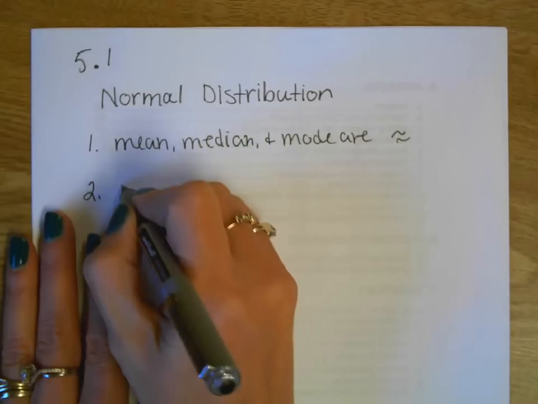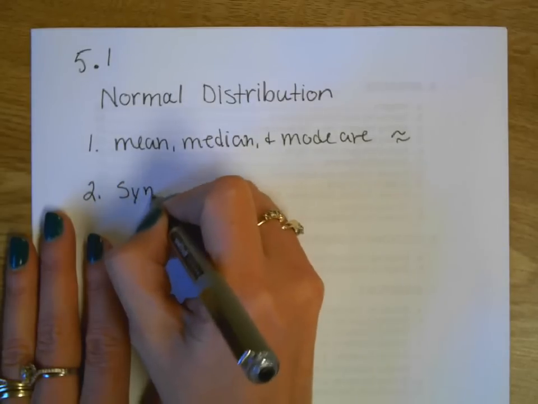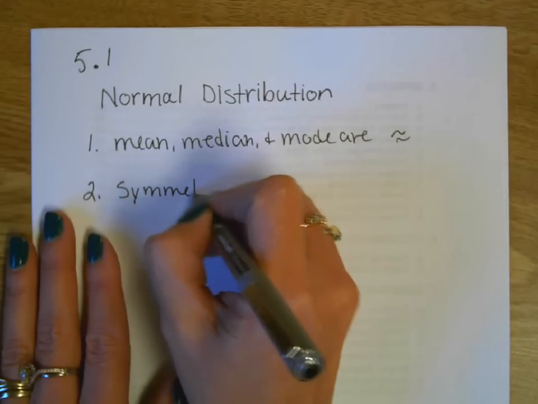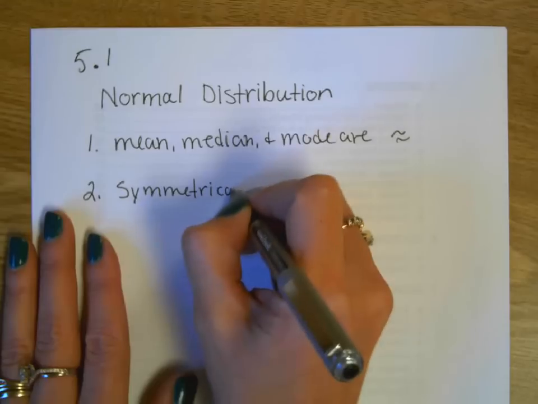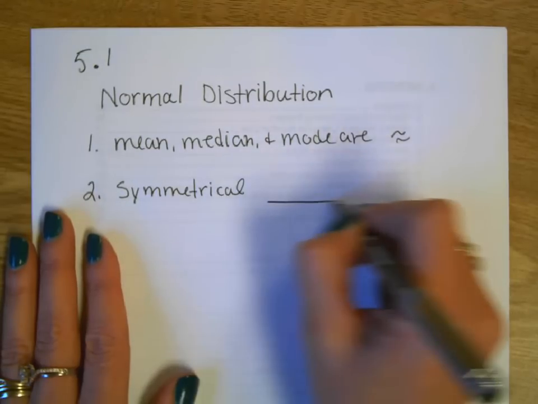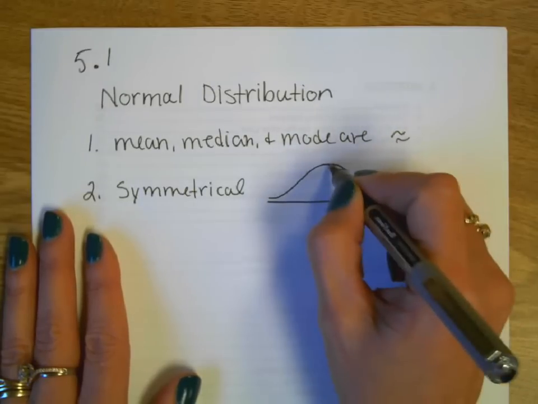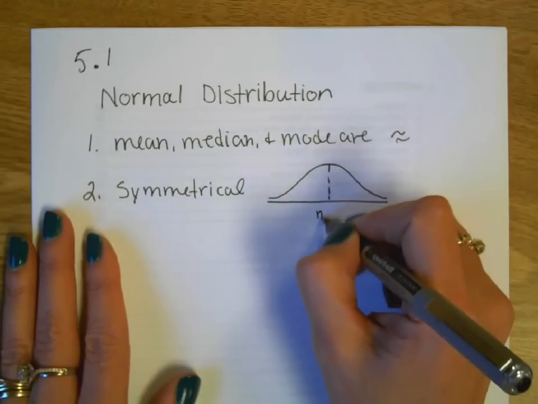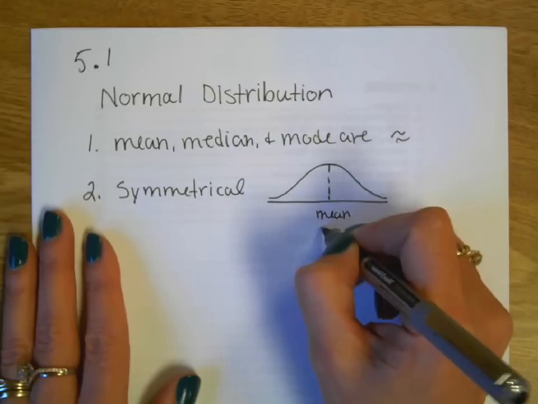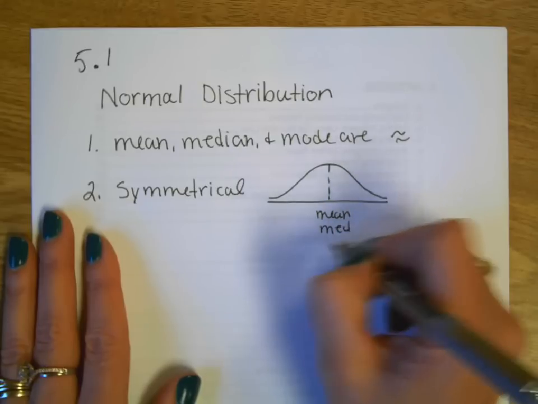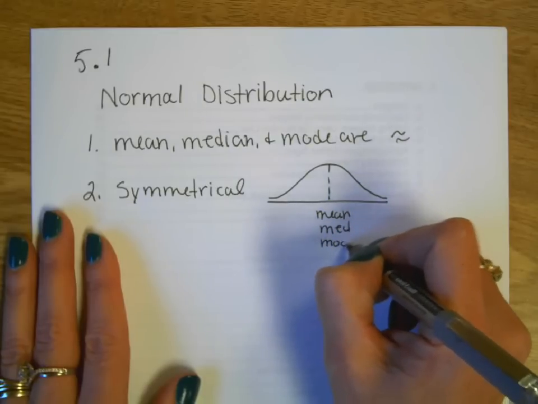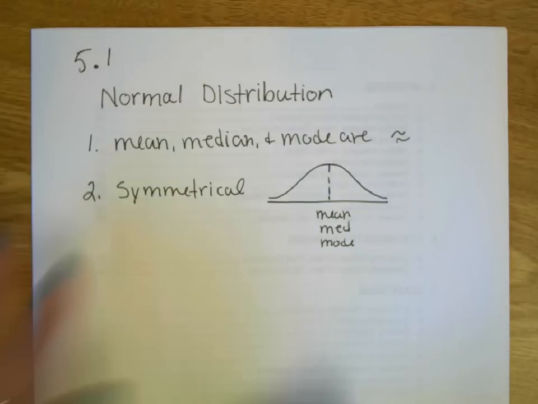It's the symmetrical shape, where our mean, median, and mode are all on that line of symmetry.